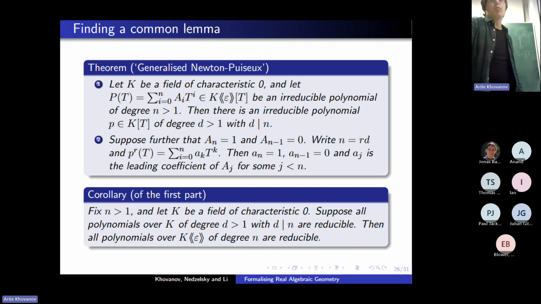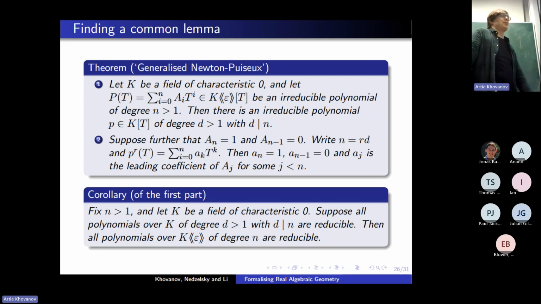For example, one corollary of this lemma is, if you have all polynomials of degree d dividing n reducible down here, then you have all polynomials of degree n reducible up here. So this is one of the things it proves.